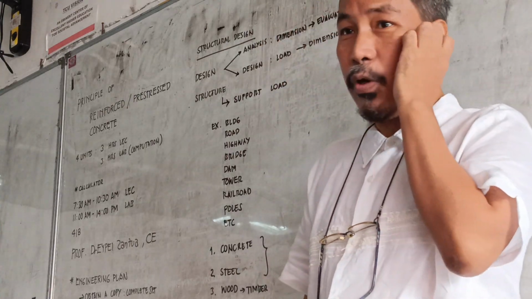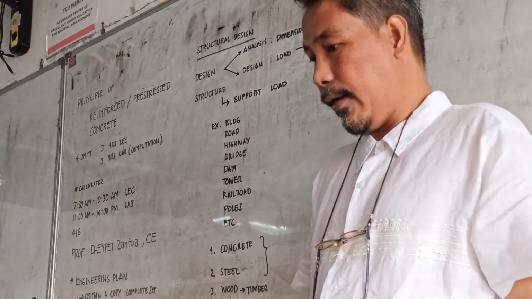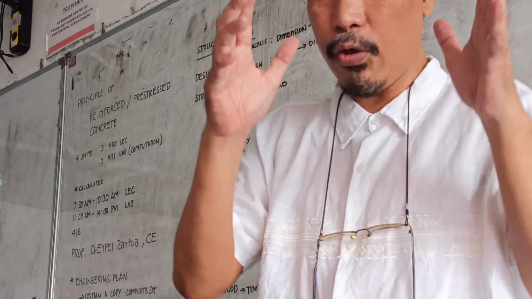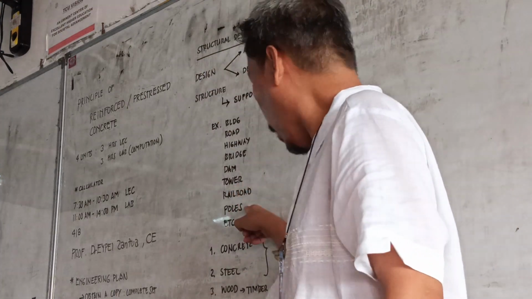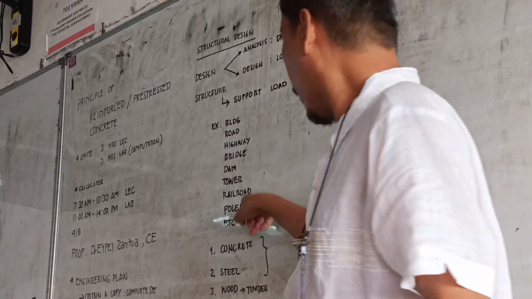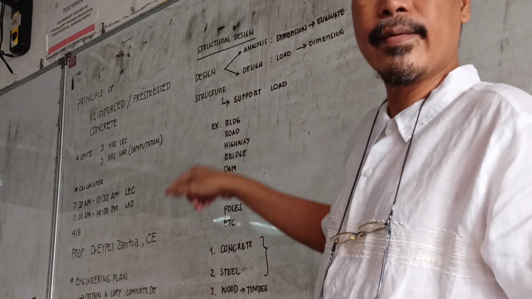So, if you are given the problem of creating a structure using wood as a material, then you cannot do it because you do not have the background. Okay? Because wood can be a tower, can be a pole, can be a bridge, and can be a building.